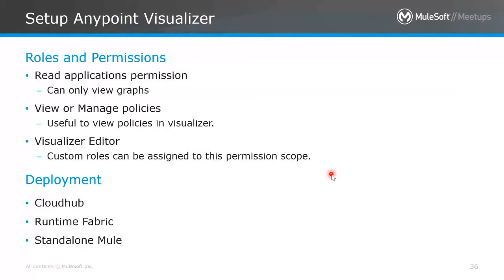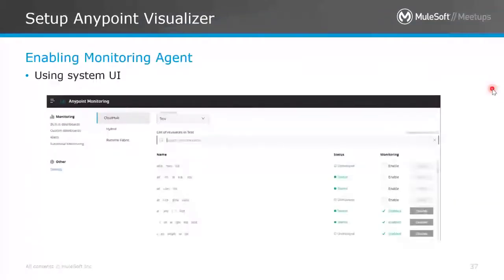To start the visualizer for your particular application, it's not by default that you deploy the application and it will start showing up in the visualizer pane. For that, you have to enable the monitoring agent. This monitoring agent is nothing but just a property you need to set.